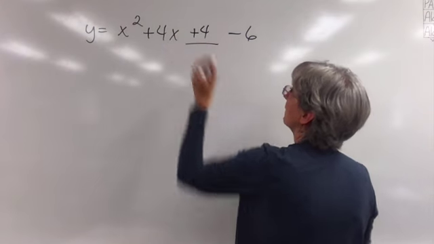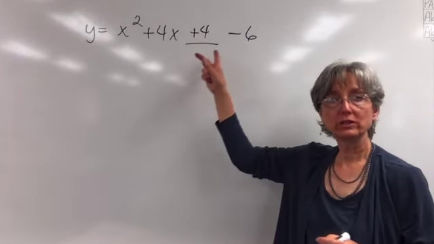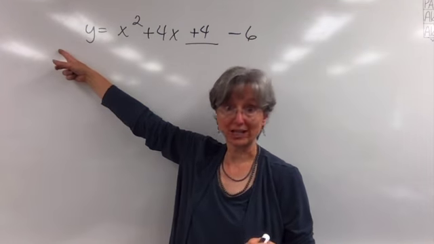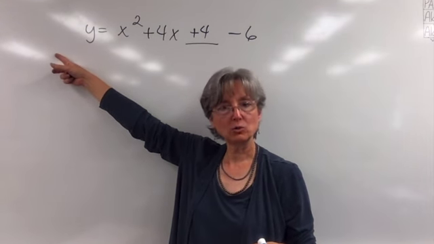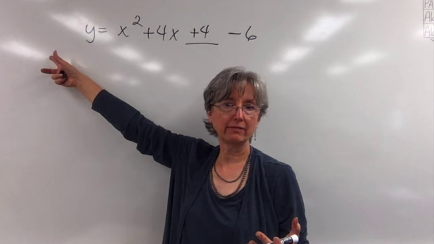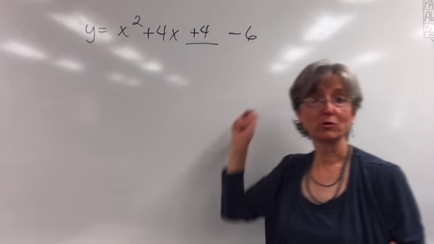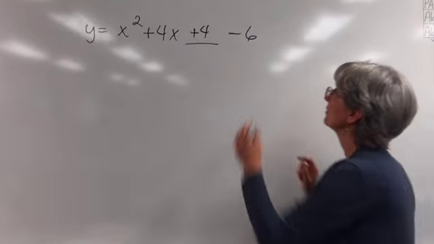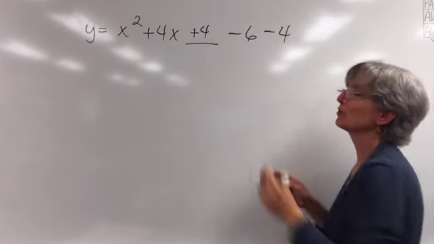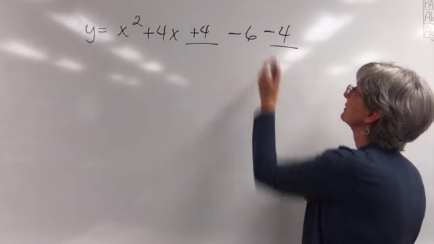Plus 4. Now, normally, I would add 4 to both sides, which I can do. But then to get y by itself, what would I have to do to move that 4 back over? I'd have to subtract the 4, right? So I'm just going to do that, and then I want you to notice what I just did.